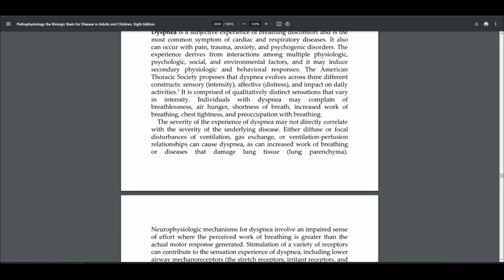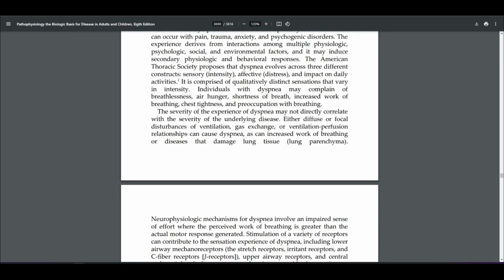It is comprised of qualitatively distinct sensations that vary in intensity. Individuals with dyspnea may complain of breathlessness, air hunger, shortness of breath, increased work of breathing, chest tightness, and the preoccupation with breathing.